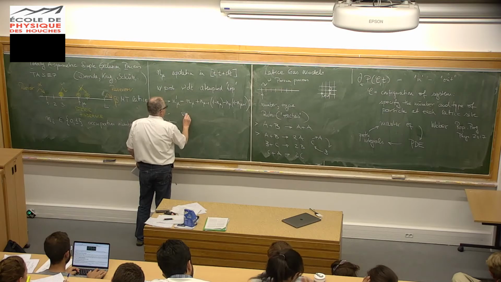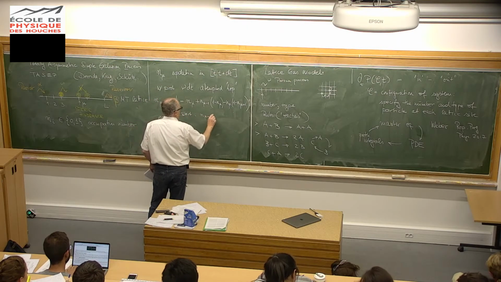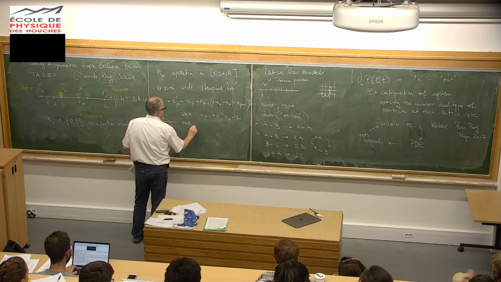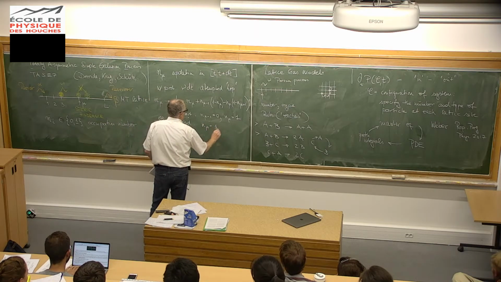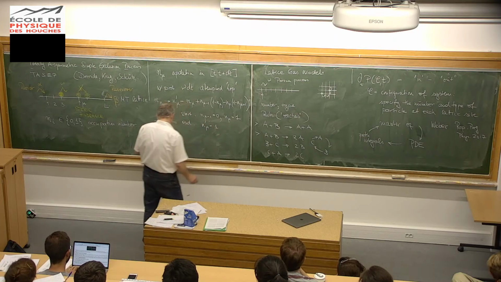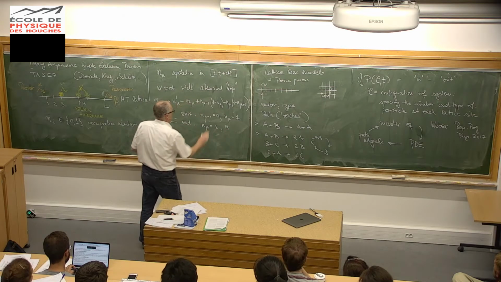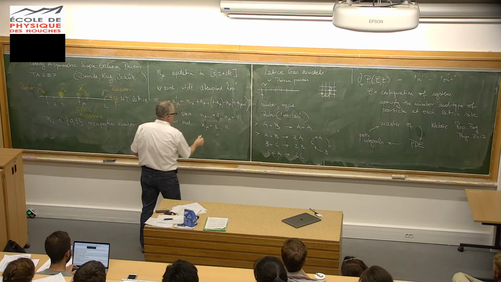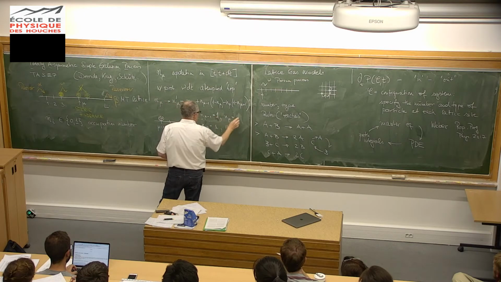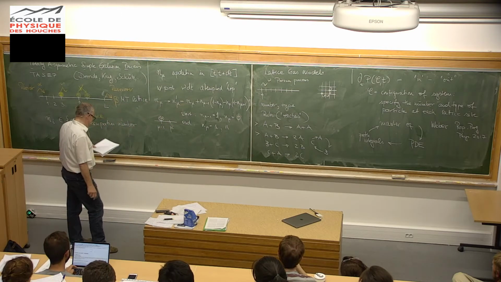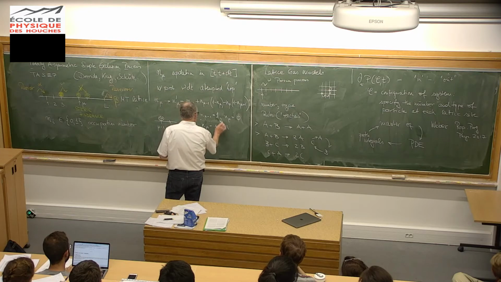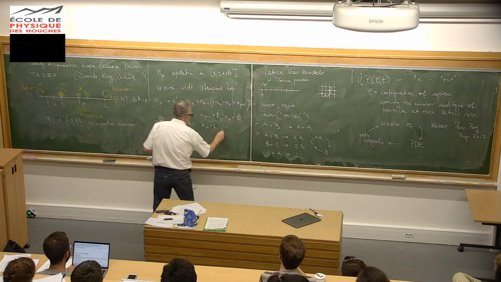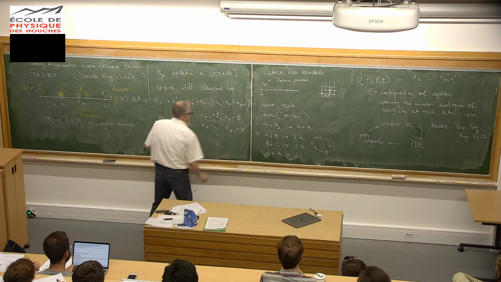That means you start from a configuration where n mu minus 1 is 1 and n mu is 0, and you end at a configuration where n mu prime is equal to 1 and n mu minus 1 prime is 0.